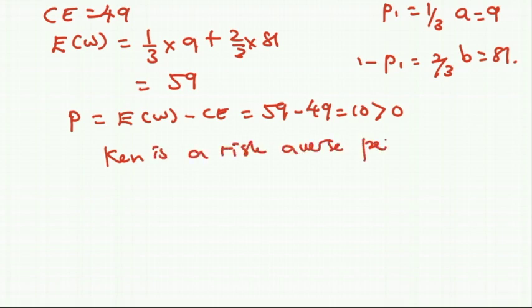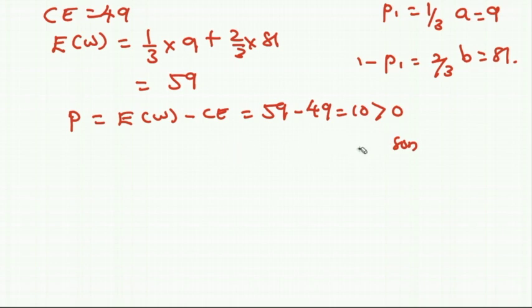So here, Ken is a risk-averse person. All right? Now, let's try to put all of this in the form of a graph so that you can see clearly what I did just now. So here, if I erase this so that I can have some space. Okay, so I want to show it in the form of a graph.